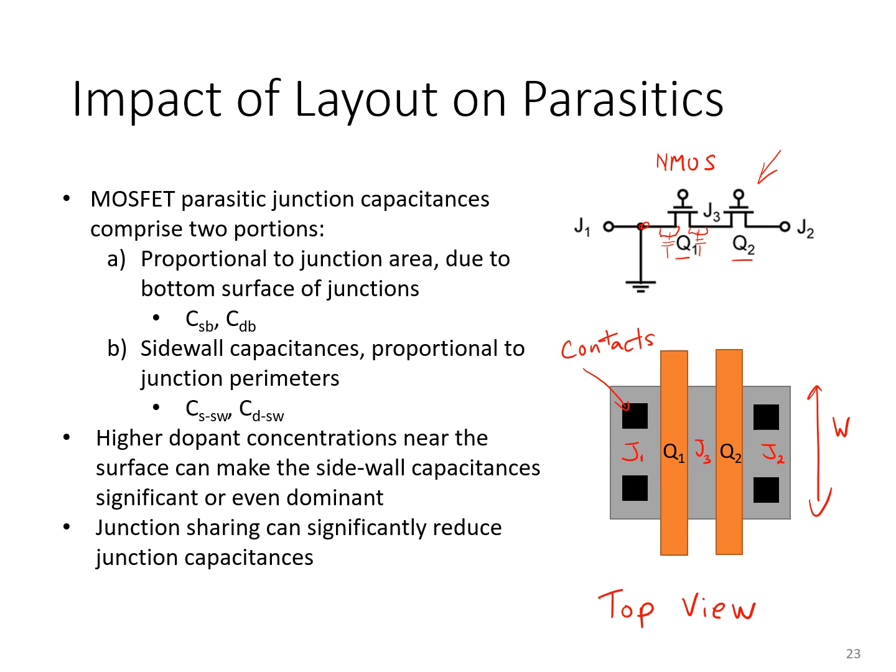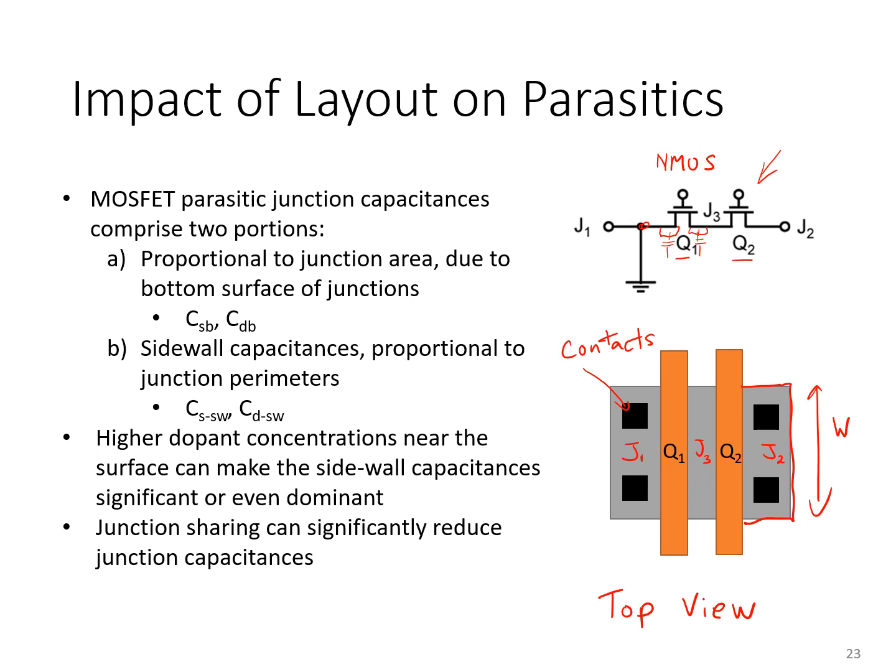So we've got probably the lowest parasitic capacitance between J3 and ground because its area is the smallest. And then we've got the sidewall capacitances that we described earlier. And these, as we mentioned, are proportional to the perimeters of these junctions. All around this perimeter, you will see these isolation structures that isolate the transistors from their neighbors, which can give rise to large sidewall capacitances.